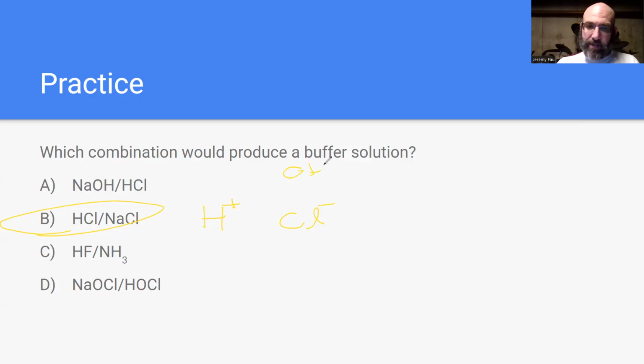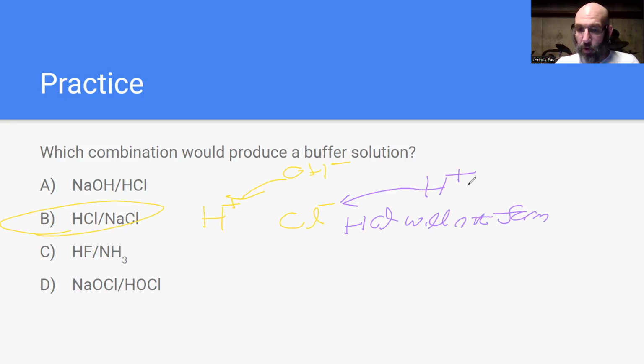If I add hydroxide ions, the hydroxide will be eaten up by the H plus and the pH really won't change so much. So this can easily withstand the addition of hydroxide ions. That's no big deal. However, if I add H plus ions, this will not form.